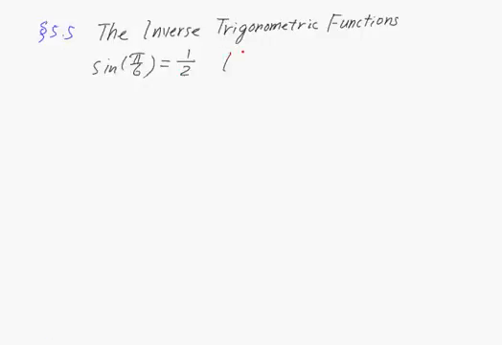So now, if we know one angle theta for which sine theta is equal to 1/2, then what is the theta? We need to find the angle for which the sine is equal to 1/2. So definitely one answer is pi over 6, right?